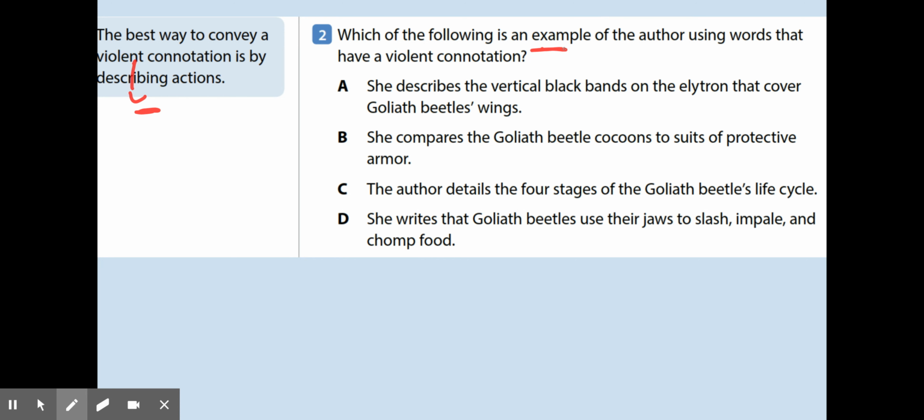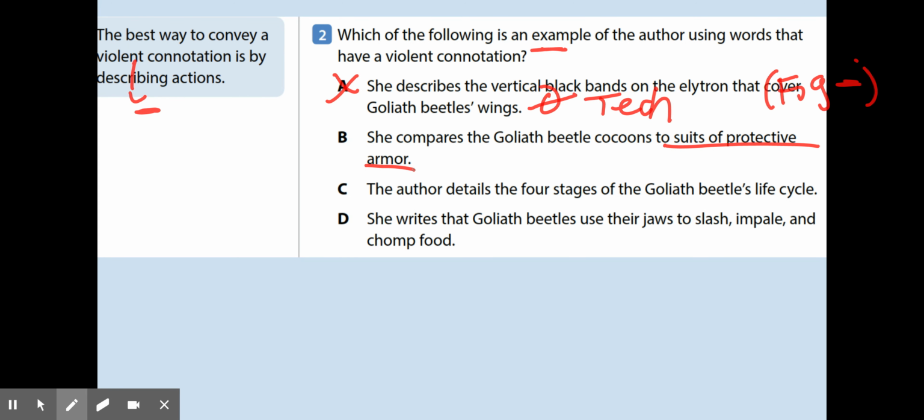And now I'm going to keep going. A says she describes the vertical black lines on the elytron that cover the Goliath beetle's wings. Well, she does that, and that's not negative. That is technical, neutral. Even though in the text it's figurative, negative, we're looking for violent. My answer choice doesn't mention the prison bars and that whole violent thing. B says she compares the Goliath beetle cocoons to suits of protective armor.